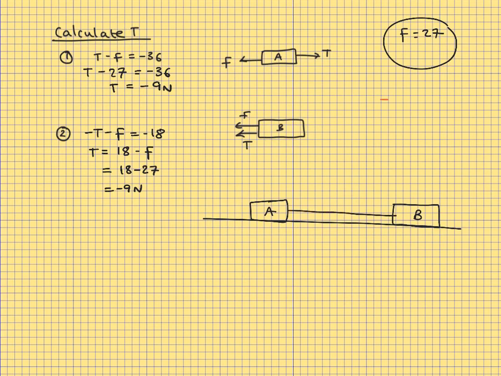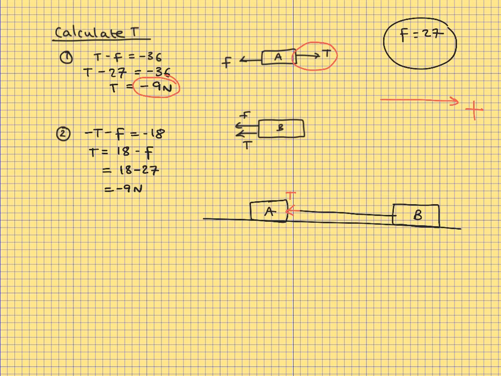We said going to the right was the positive direction, and the force acting on A, we had drawn going to the right, but it worked out to be -9, which means that this force acting on A looks like that. So it should have been like that.